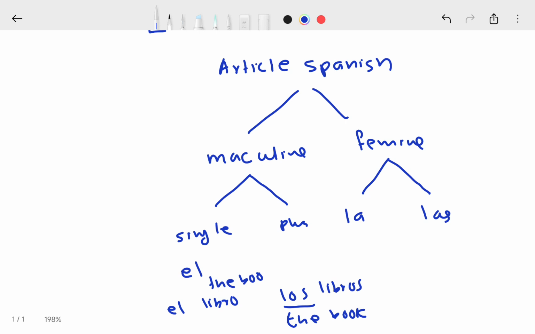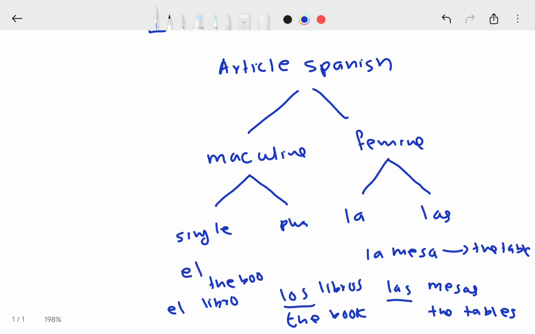We also have some examples, which is la mesa, which means the table, and las mesas, which means the tables. In the second situation, we have the plural, so we use las. So under the feminine, we have two: one is la, which is used for the singular, and las, which is used for the plural.